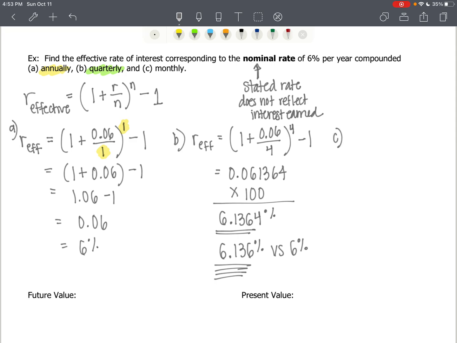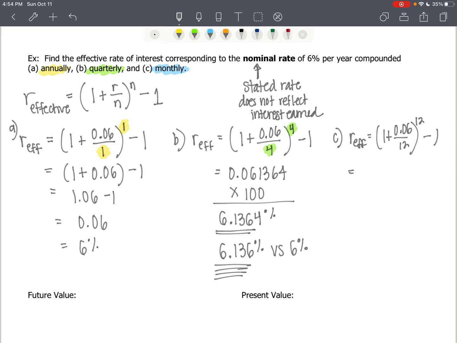Now let's look at what happens when it's monthly. So what's happening when it's monthly? Monthly, our effective rate is equal to 1 plus 0.06 divided by 10 raised to the 10th power minus 1. I put 10, but there's 12 months in a year. I bet you were wondering how long I'd go with that one.